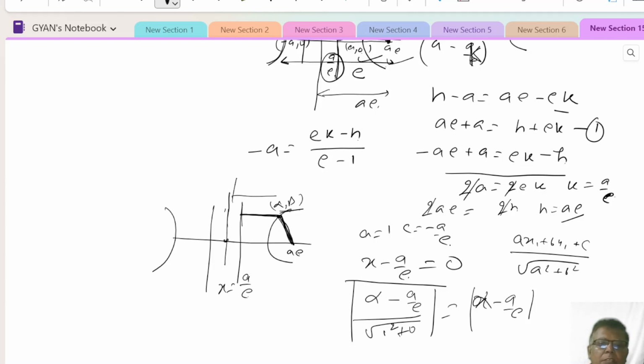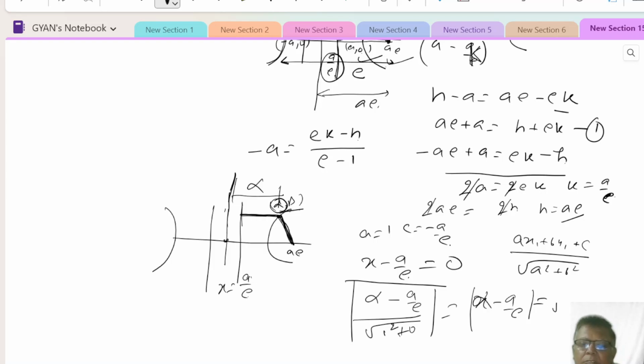So this length, this is alpha because this coordinate is alpha. So this length is alpha, and this is A. So alpha minus A. We can solve this way also.